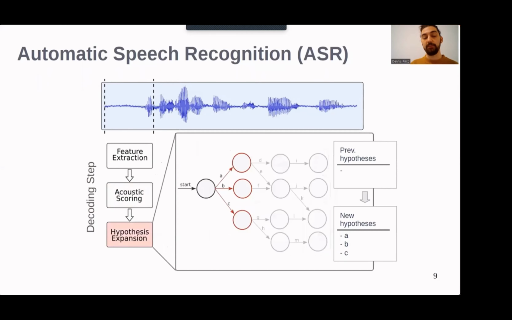The next step is to execute the hypothesis expansion component. This component generates hypotheses by traversing a decoding graph that contains all the possible combinations of acoustic units, in this case letters, to form words and sentences. At the beginning of each hypothesis expansion step, we have a set of partial hypotheses, each of which is linked with a node in the graph.